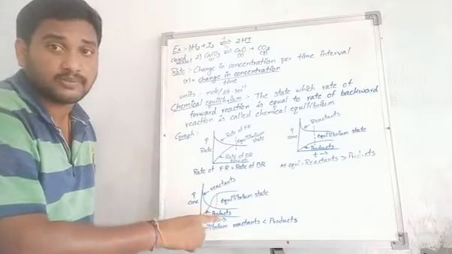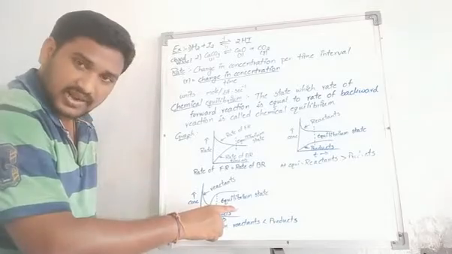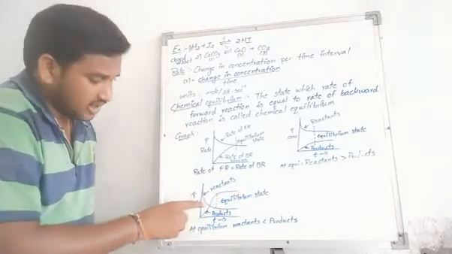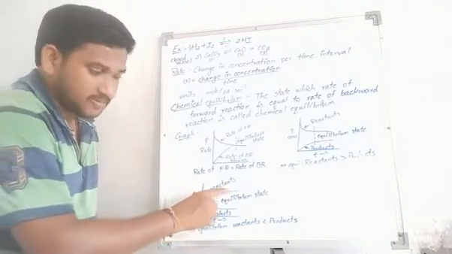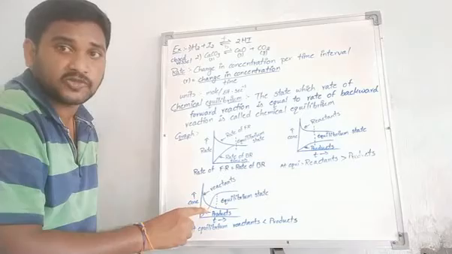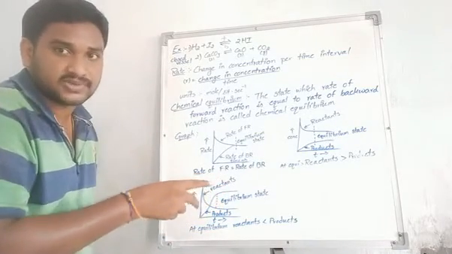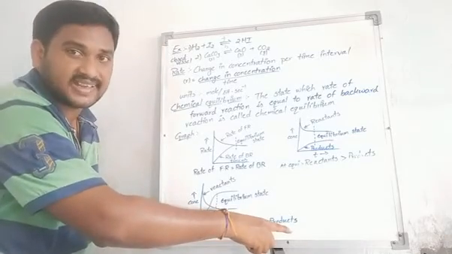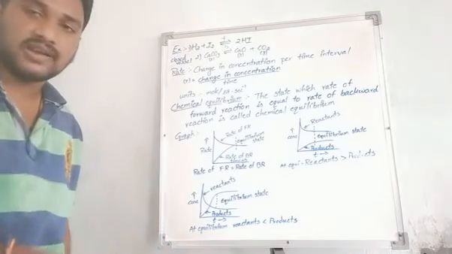Both graphs are observed. This is the concentration of the reactant curve, and that is the concentration of product. After crossing the equilibrium state, the concentration of product will be higher than the concentration of the reactant. In both curves, the concentration of product is always greater than the concentration of reactant. Clear my point, sir?